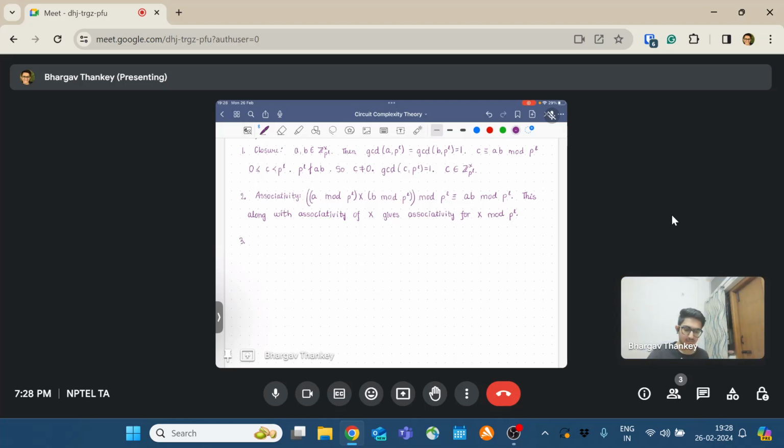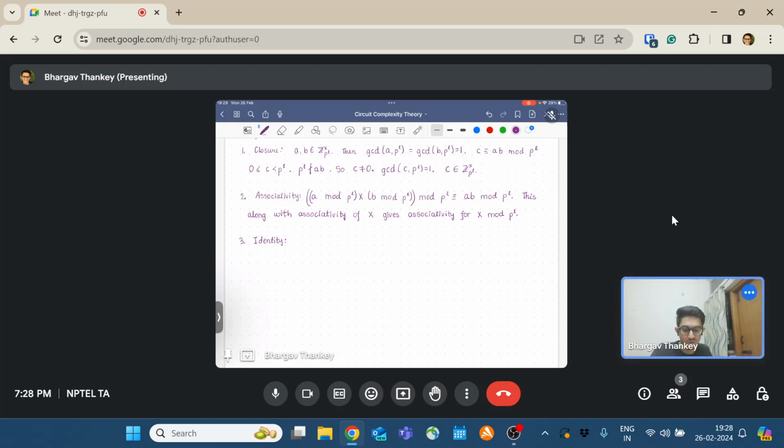I think multiplicative inverse. So even before inverse, you need something else, the identity. Because to define inverse, you need identity, right? So can you guess what the identity of this group is? Okay, forget multiplication mod P to the L. What's the identity for multiplication?